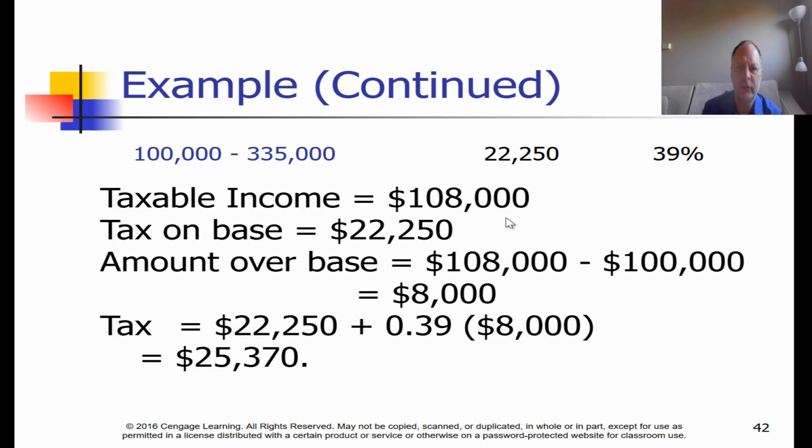So the tax on the base is $22,250, and the tax on the amount over the base is the $108,000 minus the $100,000 at the base, or $8,000, times the bracket of 39%, which gives them a total tax of $25,370. Well, corporate taxes are not handled in this complex of a way anymore. Personal taxes still are, so it's worth learning how to deal with a progressive tax code system.